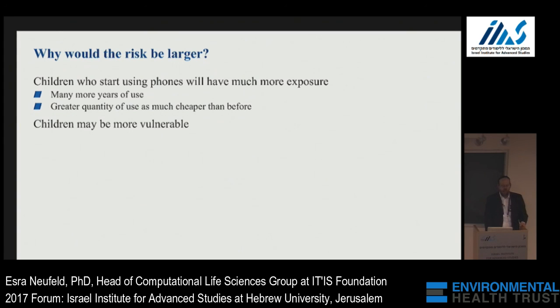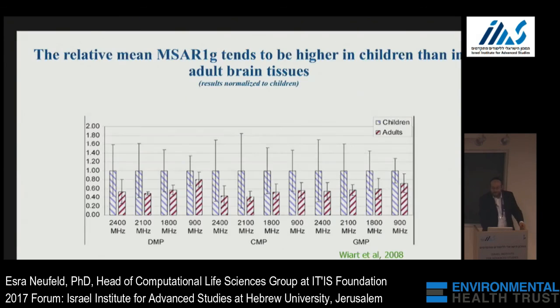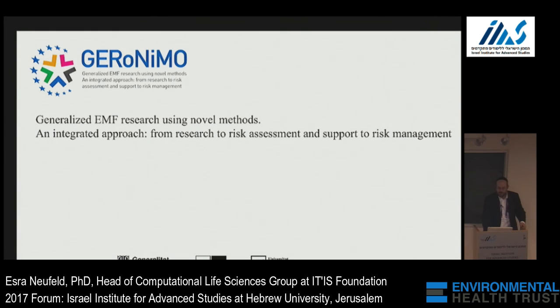They have greater quantity of use than we used to have as children. I got my first mobile phone 6 years back, and they might be more vulnerable. And this is just some of the data that I picked from there, showing how the average SAR in children is higher due to different reasons: anatomy, skull thickness, properties of the tissues, fluids, contents.